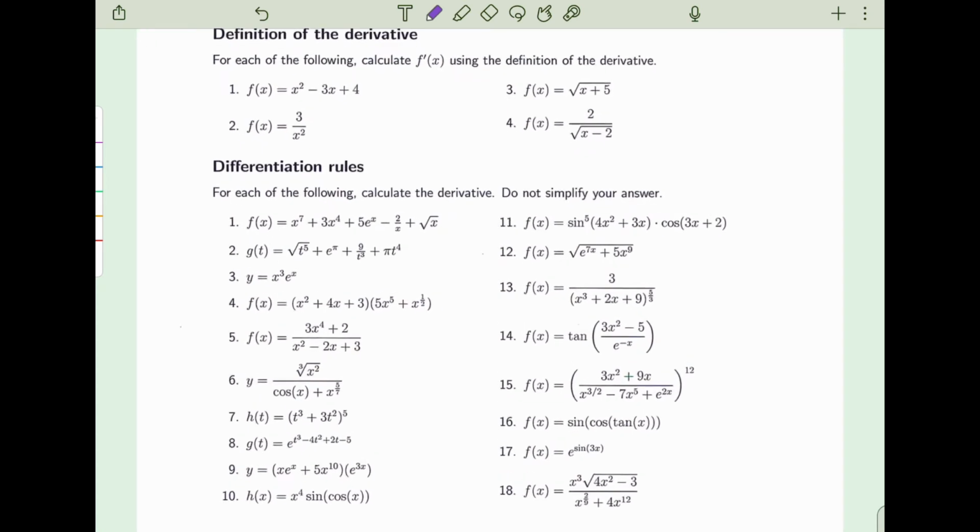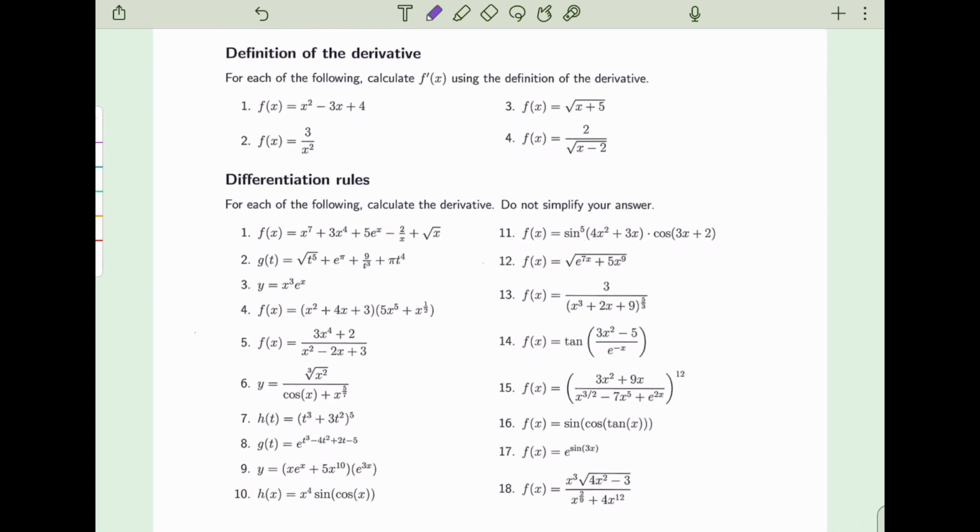Okay, so now let's move on to our second question, differentiation rules. We have a bunch of questions here, and I wanted to divide these questions into 2 parts.